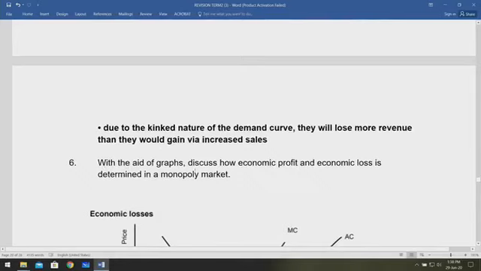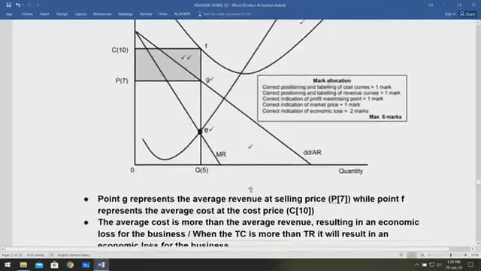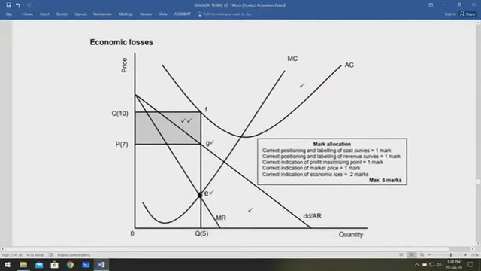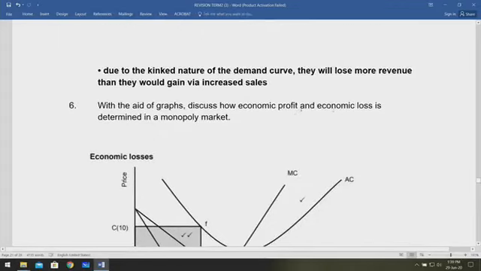Right, with the aid of graphs, discuss how economic profit and economic loss is determined in a monopoly market. Here you can see the economic losses, only the economic loss, not economic profit, sorry. How economic loss is determined in a monopoly market.